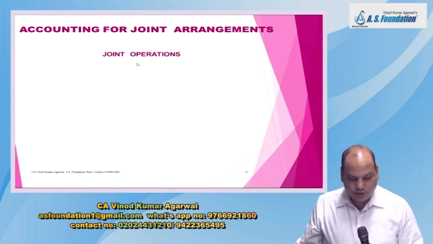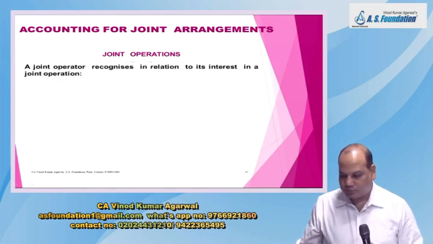So the standard is very simple. It says if it is a joint operation, then the joint operator, who is a joint operator? Party to joint operation, and he has joint control, recognizes in relation to its interest in a joint operation.